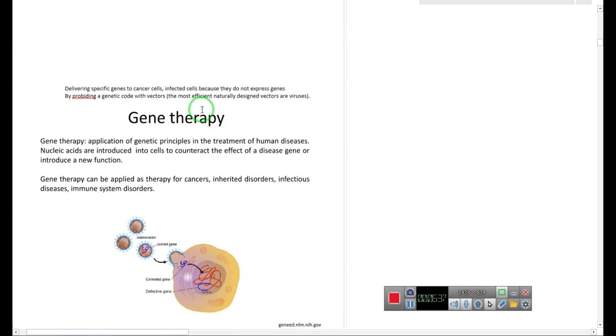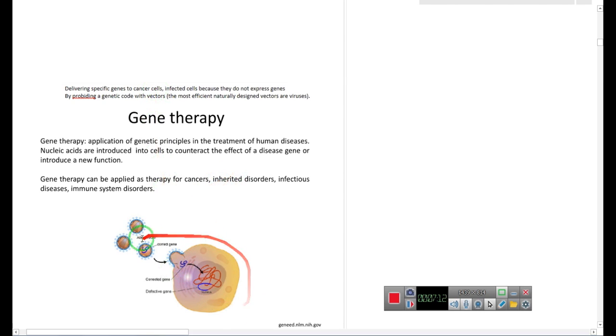Well, in gene therapy, we can introduce the nucleic acids into the cells to do what? To fight against the disease gene and to change some behavior of the cell. For example, in the matter of cancer cells, we know that the cells are infected and they are proliferating more and more and more.